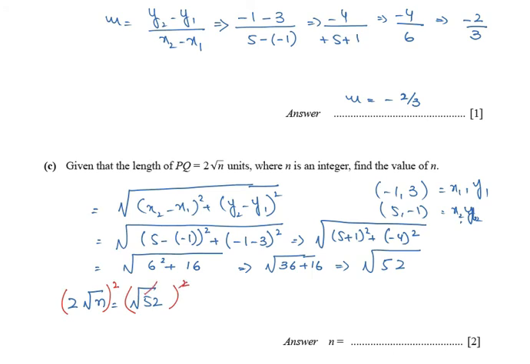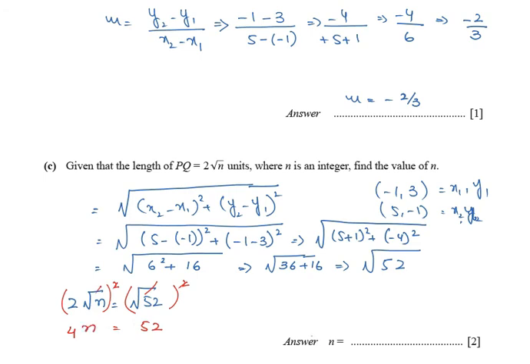So square and root will get cancelled. On the right hand side we have 52. On the left hand side, as 2 is not under the square root, we will take the square of 2, which is 4. And here we have under root n; the square and root will get cancelled and here we will have only n.